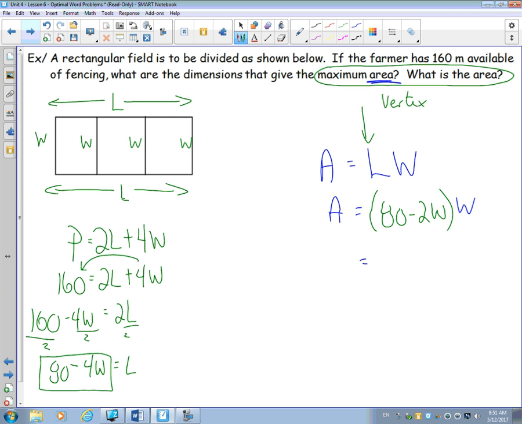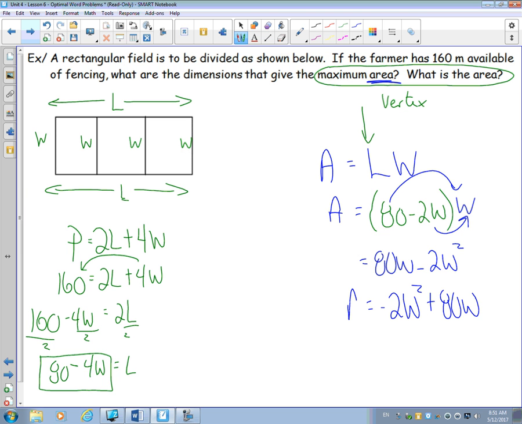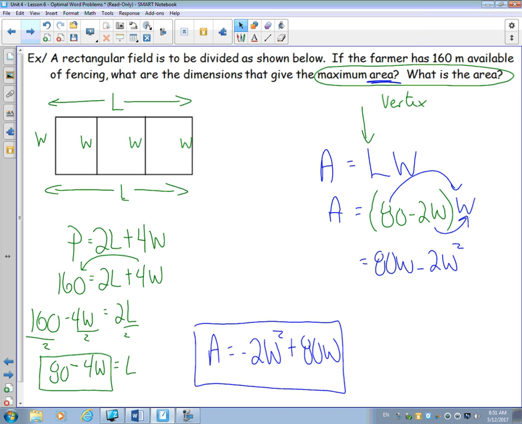Well, now I have an equation that's only dealing with one variable. If I expand this and multiply it out, 80W minus 2W squared, and I rearrange that, I get an equation for area in terms of W. In other words, I have myself a quadratic equation.